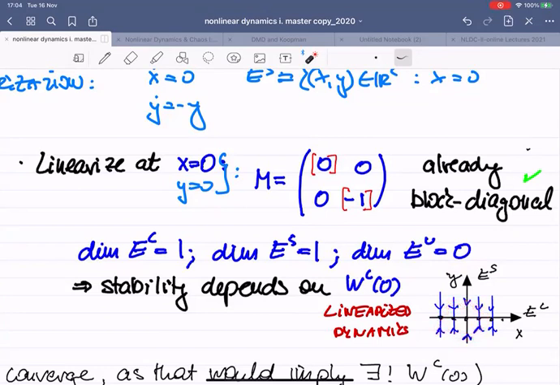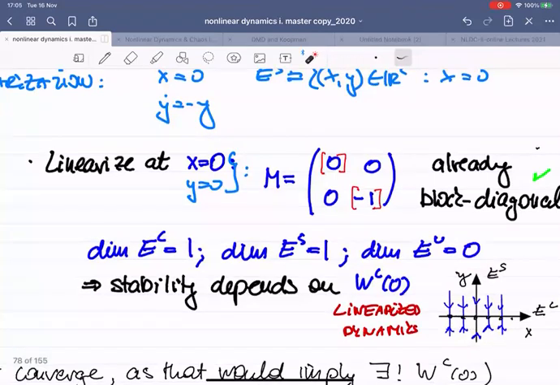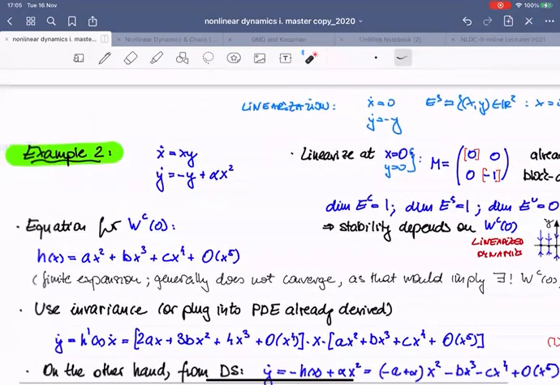Generally speaking, the picture you see here will not carry over to the nonlinear system. The question is what will carry over? That's what the center manifold analysis is for. The only thing I know at this point is that there will be a stable manifold which somehow continues this line here, and there will be a center manifold, who knows what shape, but it has to go through this point and it has to be tangent to that center subspace.